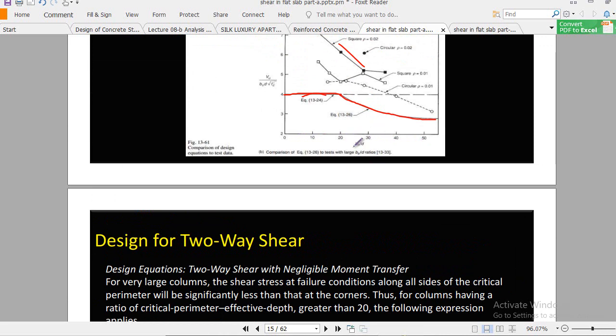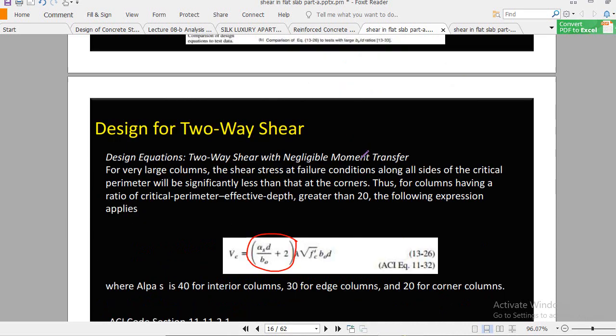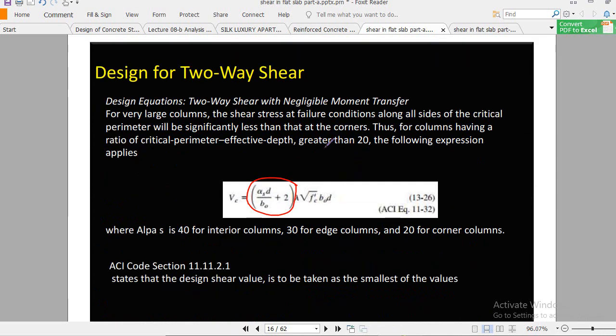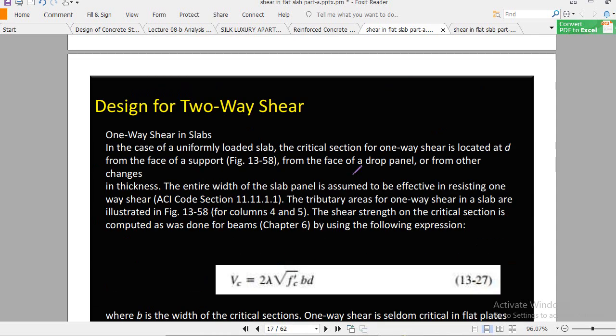If this ratio increases, you see the abrupt change in the shear strength of the concrete. So that's why we consider this alpha s, and alpha s is 20 for corner columns, 30 for edge columns, and 40 for interior columns.